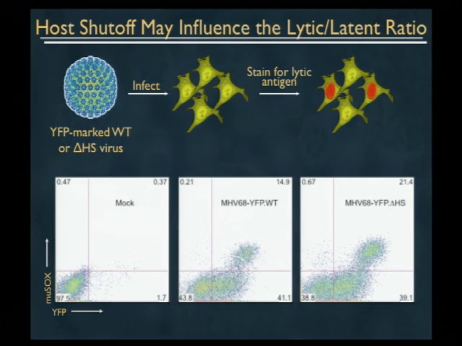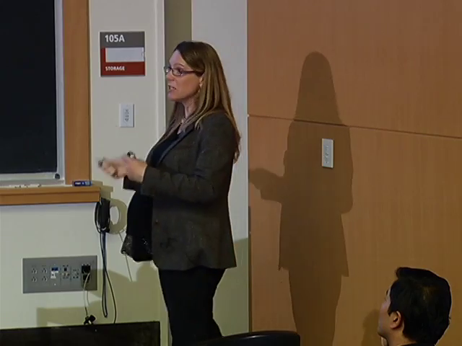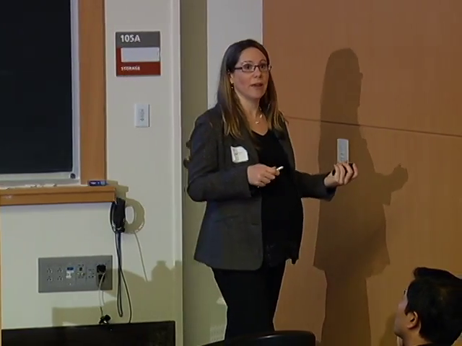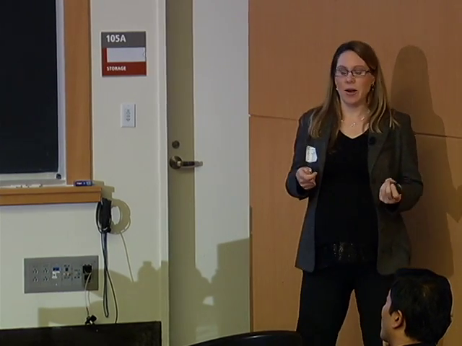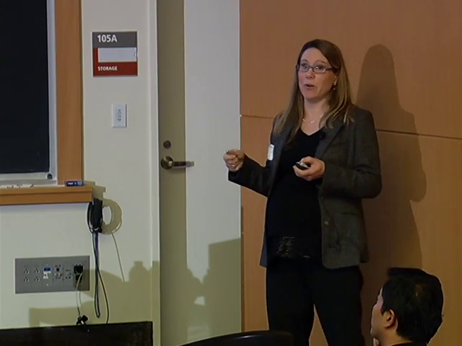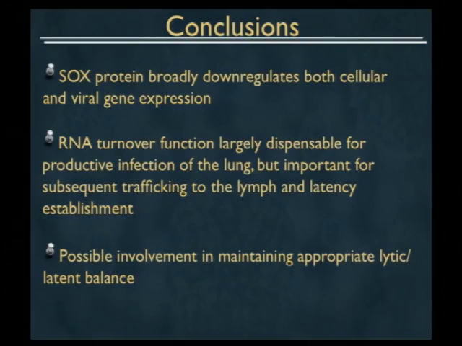And so we think we have this disruption perhaps in the lytic latent ratio that's going on here. And so maybe you're disfavoring latency in the host as well, and that's why you're not getting efficient establishment of latency and potentially trafficking, which we think may need to occur in latently infected cells so that they're not cleared.